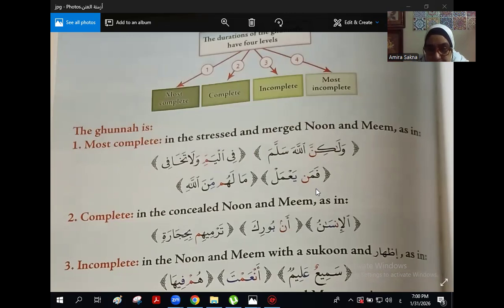Here in idgham, I have an example, and it's also the most complete ghunna. The same time I took to pronounce the noon with shadda or meme with shadda, I will take to pronounce the idgham. "Faman ya'mal", and also here idgham, "ma lahum min".